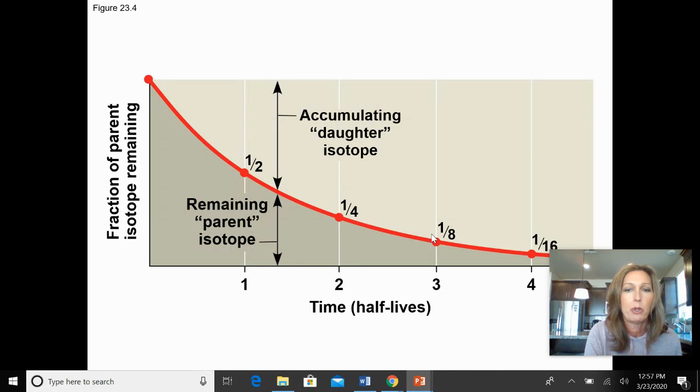So we always use the fraction of the isotope that's remaining to determine how many half-lives it's gone through, and then we multiply that by the known half-life of the particular isotope we're using.